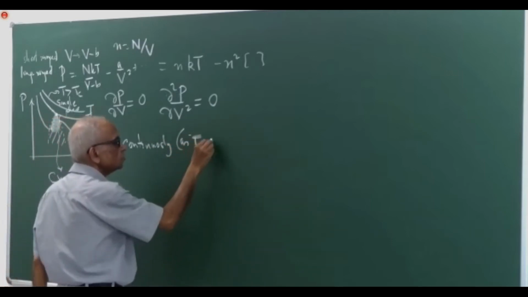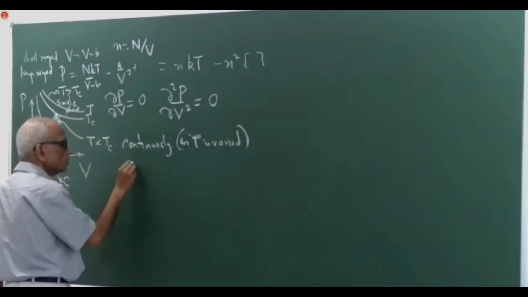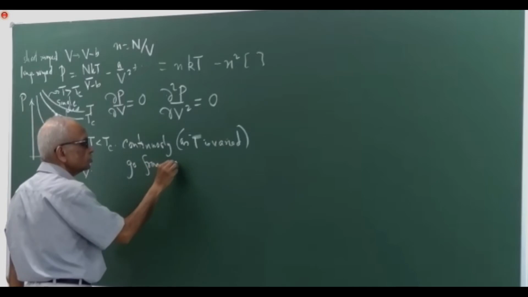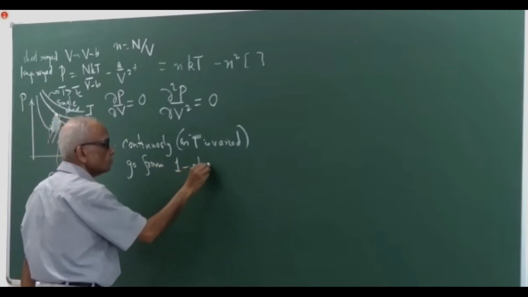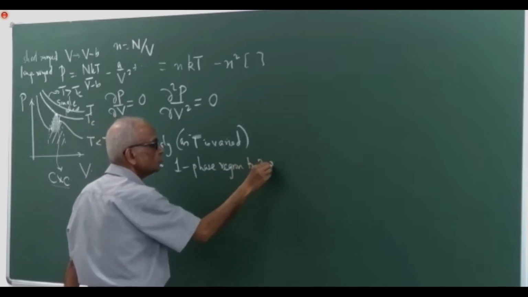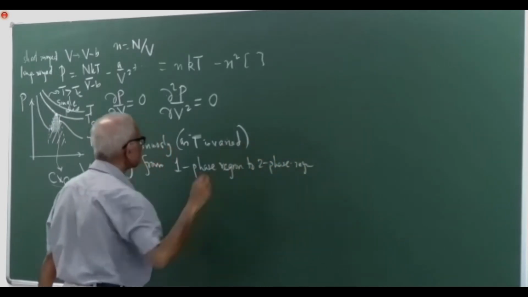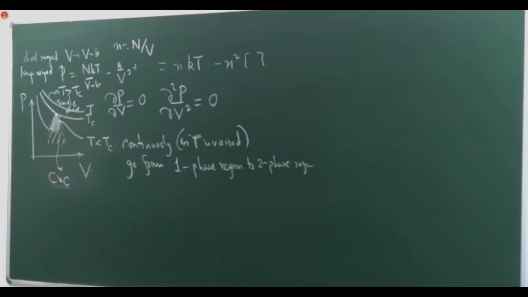As T is varied, you go from one phase region to a two-phase region. So from one phase, it is just gas everywhere.